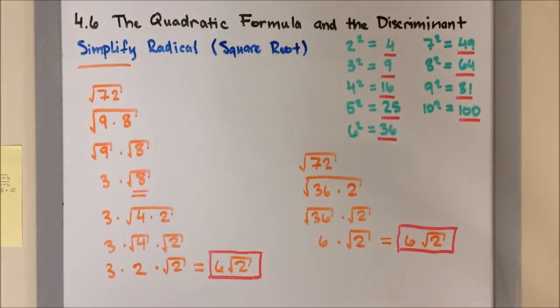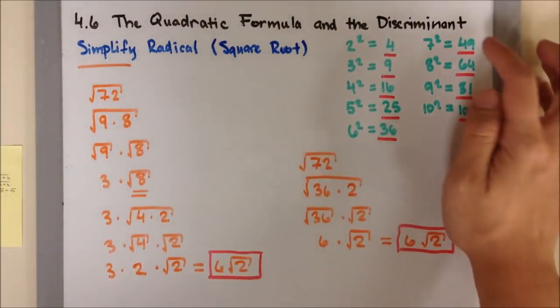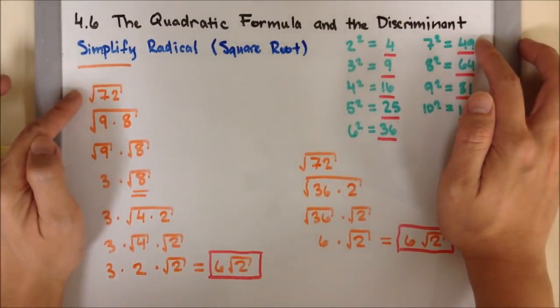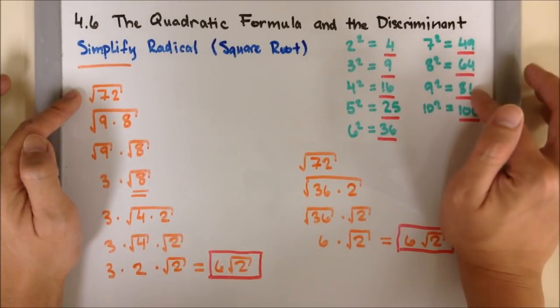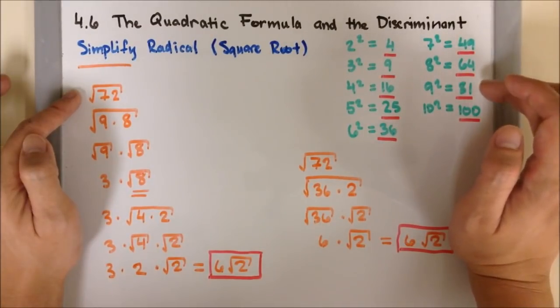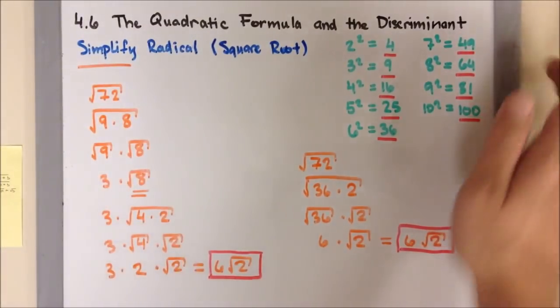If you use 36, you do it in 3 steps. I didn't use the other numbers because 49 does not go into 72, 64 does not go into 72, and 81 is higher than 72, so I ignore any numbers that are higher than 72.